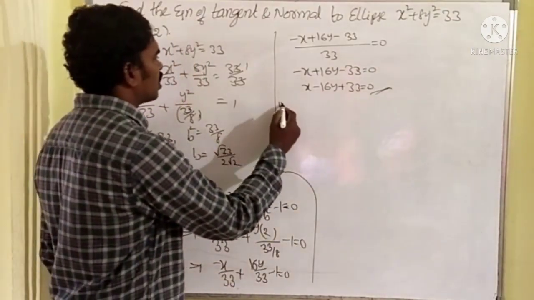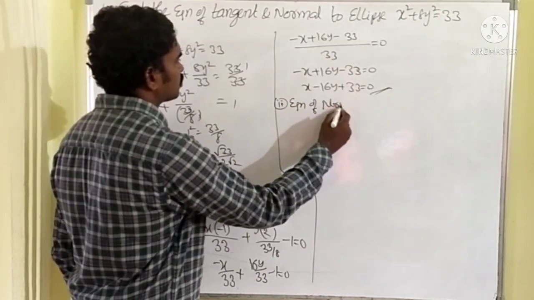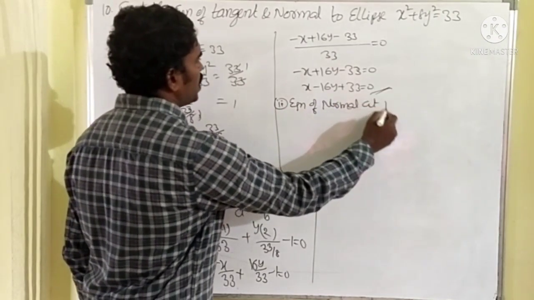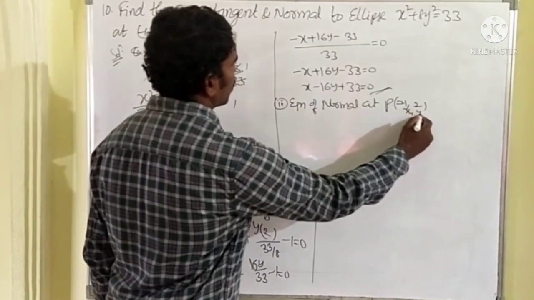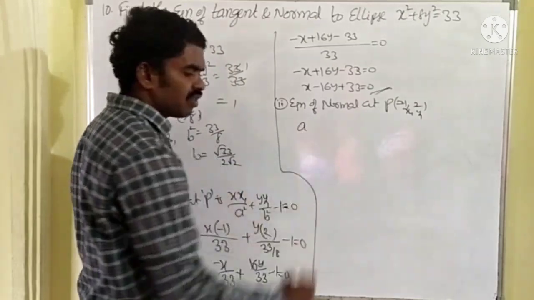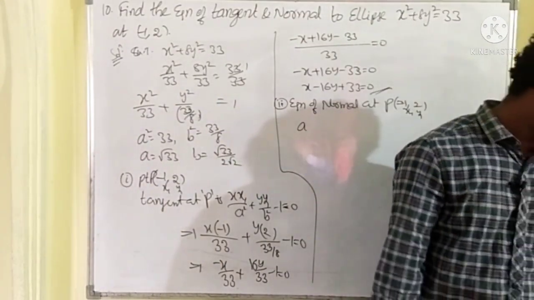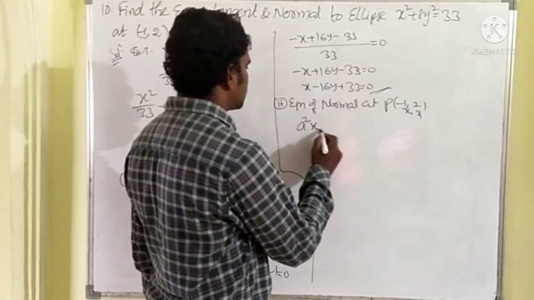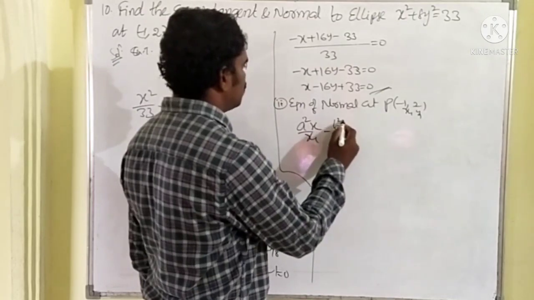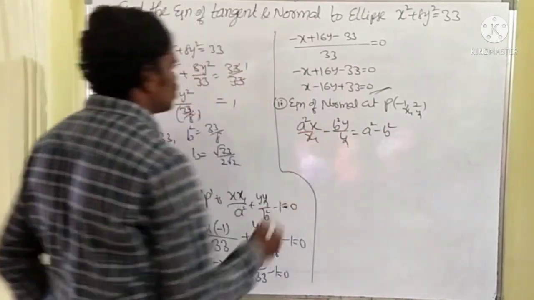Now the second one, equation of normal at P minus 1 comma 2. So this is x1 y1. What is the formula of the normal equation? Yes, a square x by x1 minus b square y by y1 is equal a square minus b square. So substitute the values.